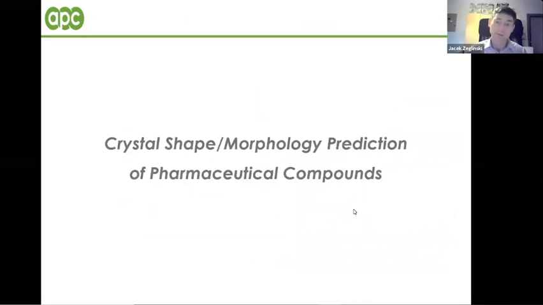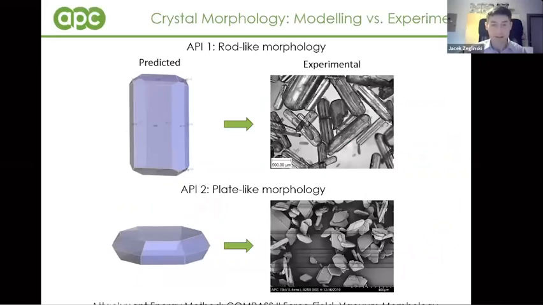And then I would go to the last part, which is the crystal shape and morphology predictions of APIs. In our projects, mostly we are getting a crystal information file, a CIF file, which is basically the crystal structure of the APIs.